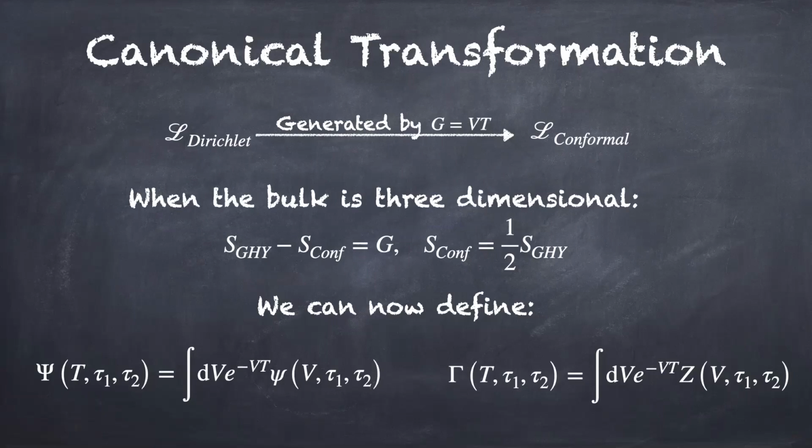The result is that holographically, we can imagine transitioning from Dirichlet boundary conditions to conformal boundary conditions by performing nothing more than a Legendre transform of the original little psi and Z.